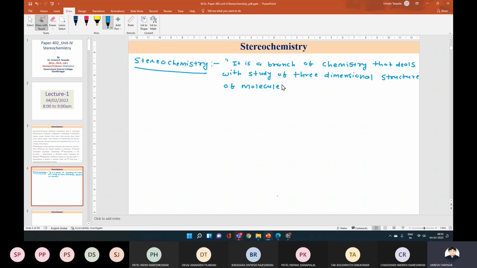So this is what we basically call stereochemistry. In short, it deals with the three-dimensional structure.